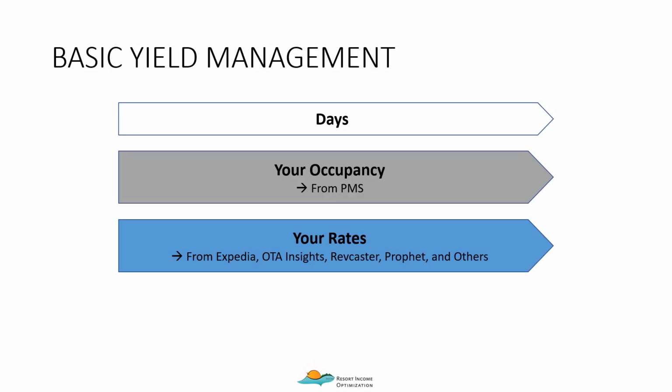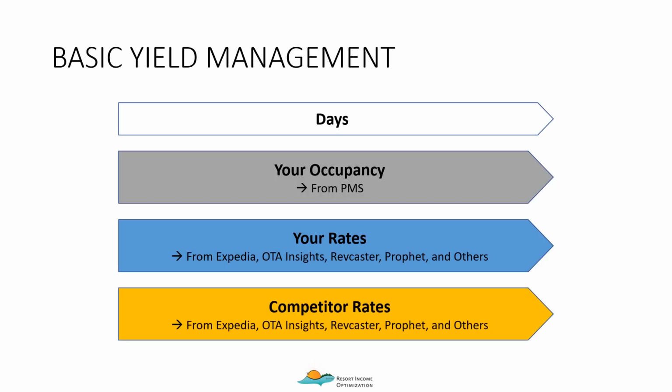So, you want to be able to compare your rates with your competitor rates, and so you want to pull those from the same source. And some of these sources that I have listed here, Expedia or OTA Insights or Revcaster, Profit, there's many others, but you can pull in the data that reflects your final rate to the consumer and also your competitor rate.